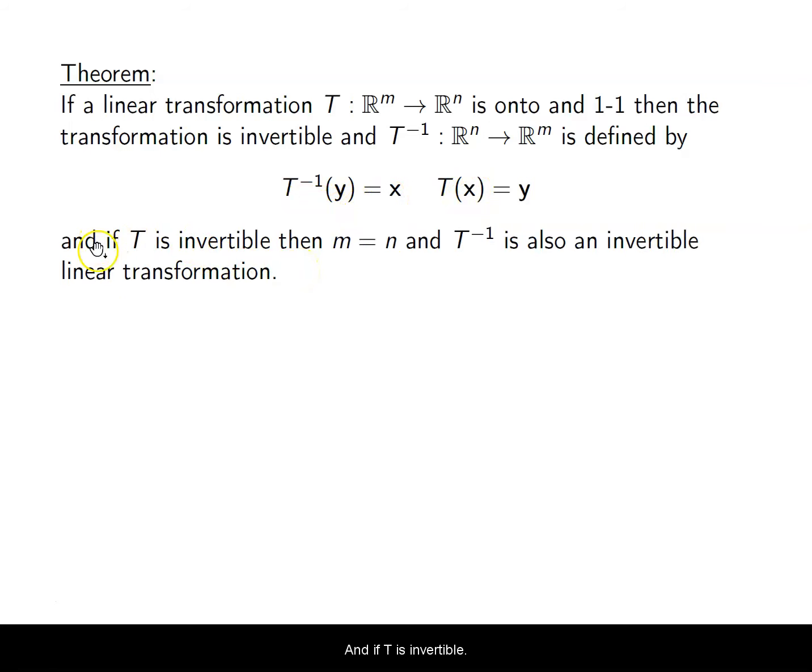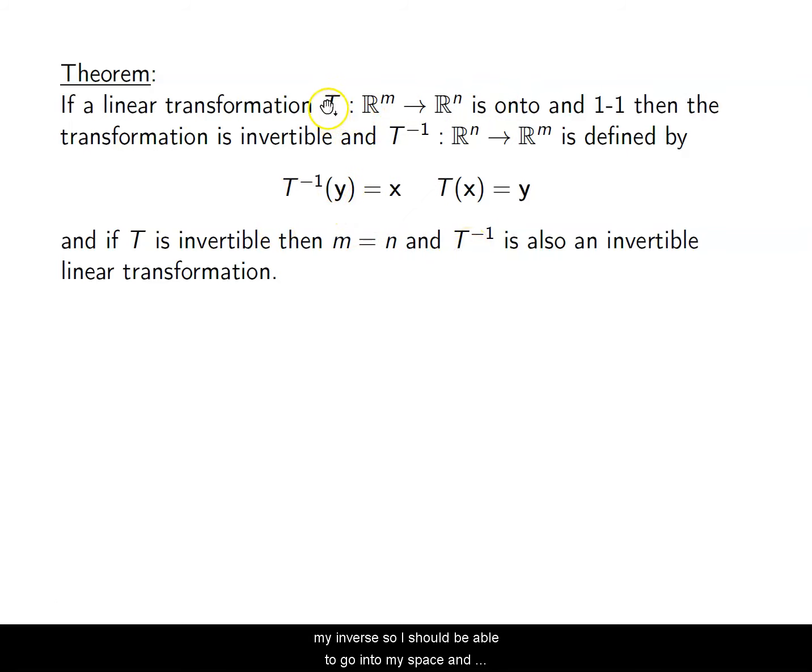Okay, and if T is invertible, that means that m and n have to be equal, meaning that we will have a square transformation matrix, right? And T inverse is also an invertible linear transformation. So if T is invertible, then I'm going from n to n or m to m, okay? And I can also invert my inverse.